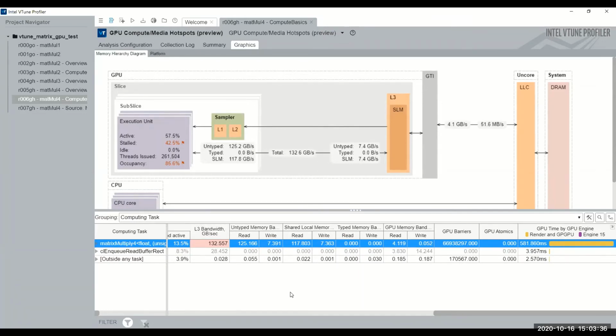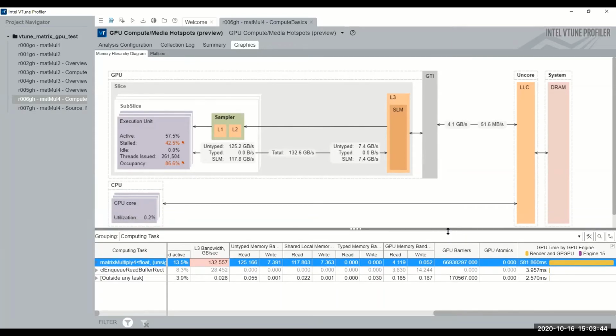And maybe it's a good time to take a look at the diagram of this GPU, because this is exactly the high-level representation of the GPU that I'm working with, and it gives these numbers regarding the bandwidths and the amount of data being transferred from different levels.